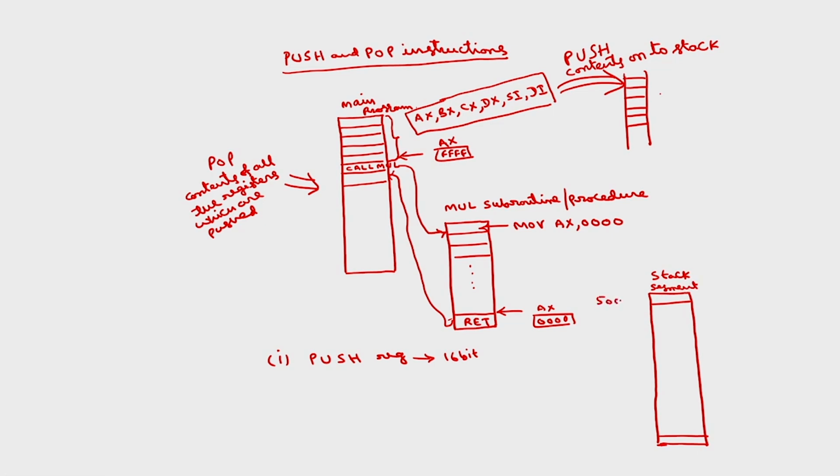If the starting address is 50000H, the ending address will be 5FFFFH. So, totally 64 kilobytes of memory I have reserved for the stack. Whatever data we store will be placed here. This stack operates on the last in first out principle.